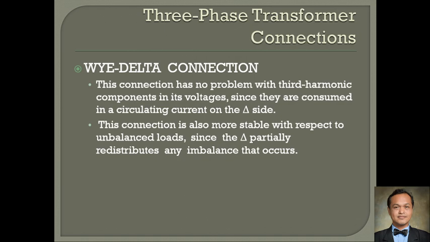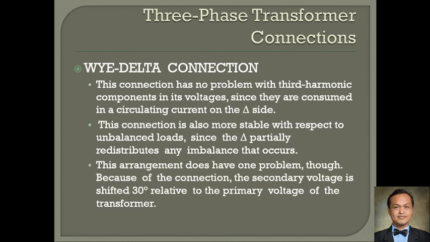This is only concerned with the secondary portion, the load side. On the transformer, we really consider the load side, because the load side is the one where we need to balance the system.